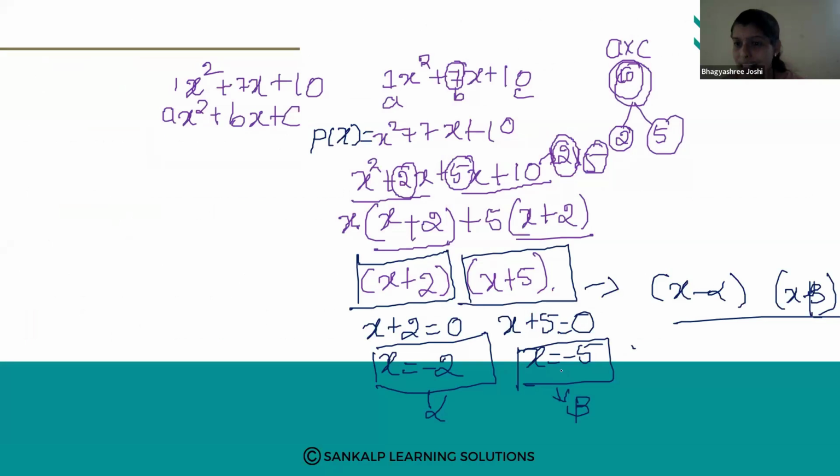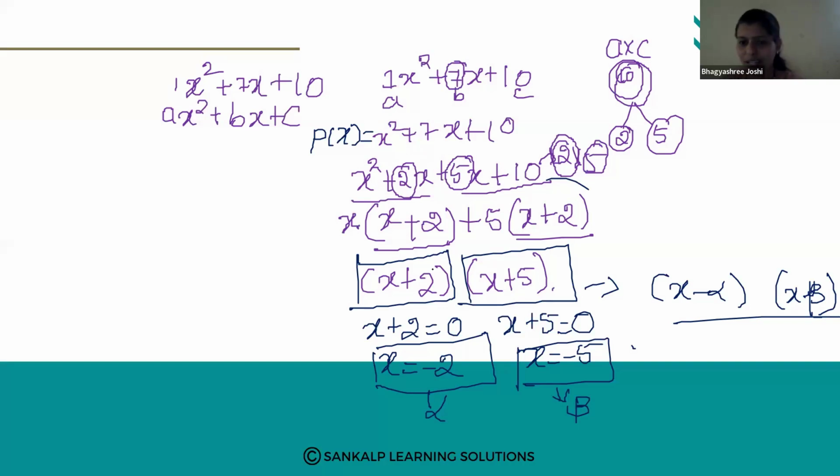Why do we call these the zeros of the polynomial? If you substitute minus 2 into the polynomial, then our polynomial value will become 0. So try it and see. If you substitute minus 5 into the polynomial p of x, then also you will get 0.